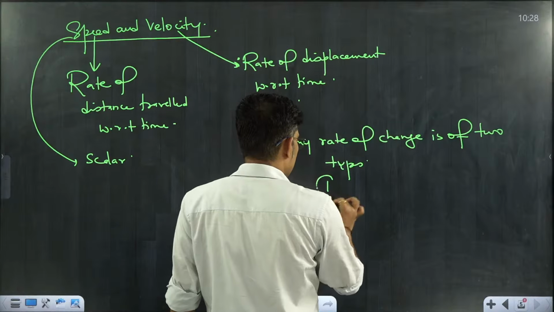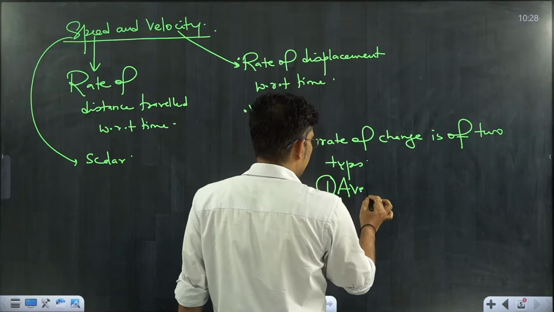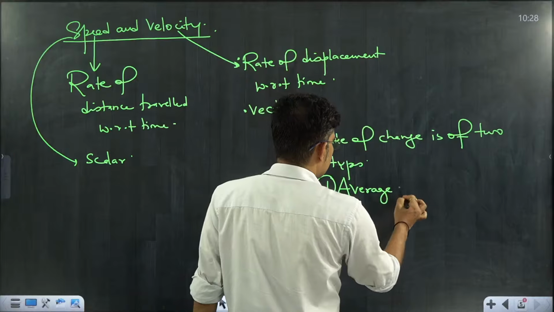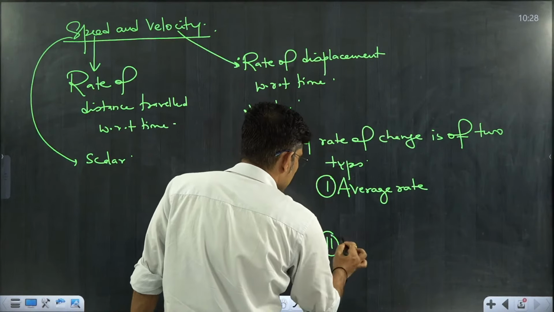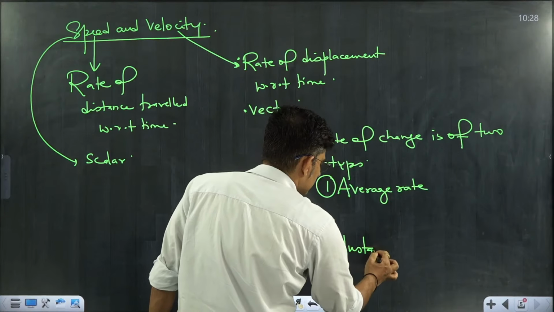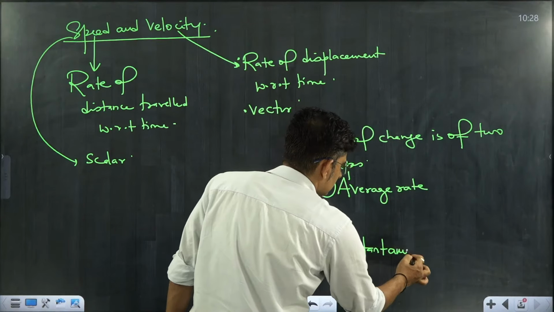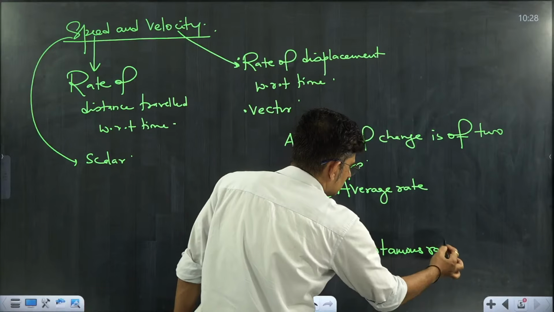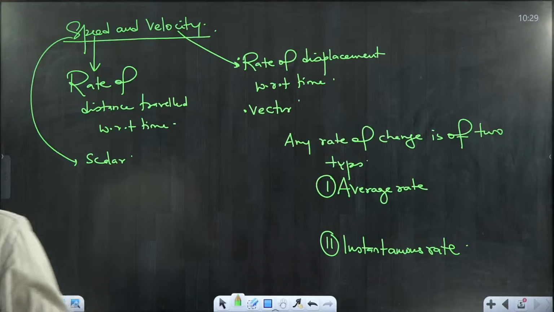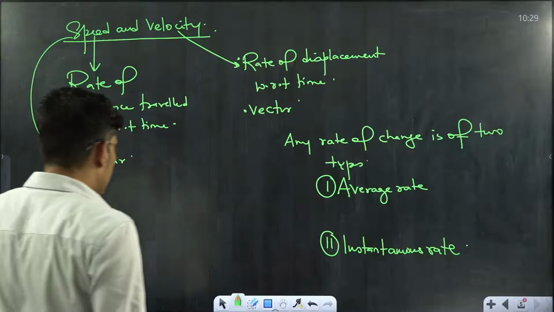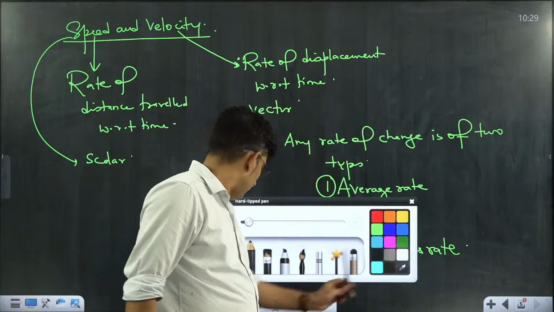First, we call it average rate, and second, we call it instantaneous rate. So there are two types of rate of change. One is called an average rate and one is called an instantaneous rate.